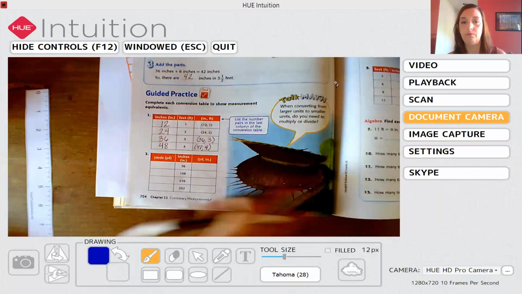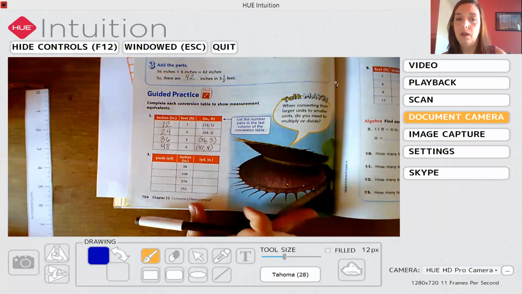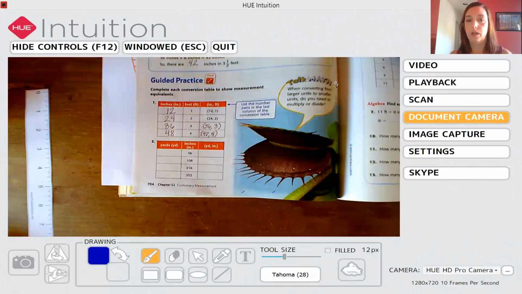Okay. Now, for yards, it's saying yards to inches. So this is a tricky one. So we know that there are 3 feet in 1 yard, right? So 1 yard is 3 feet.